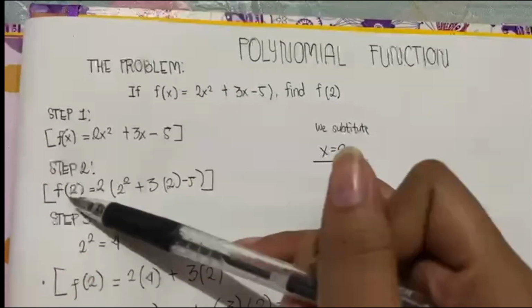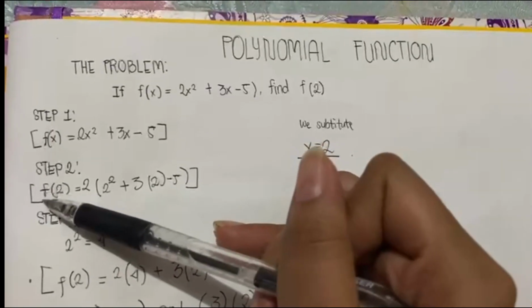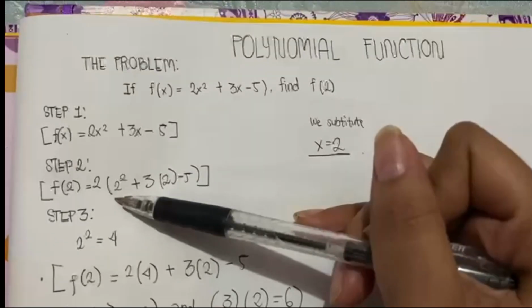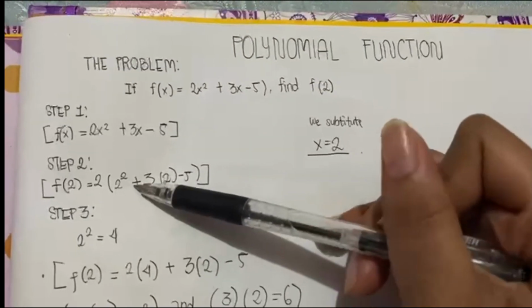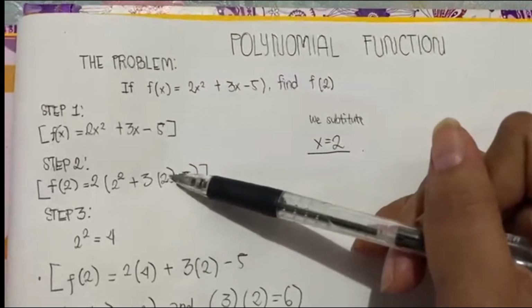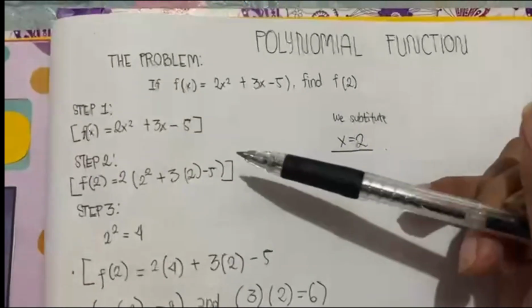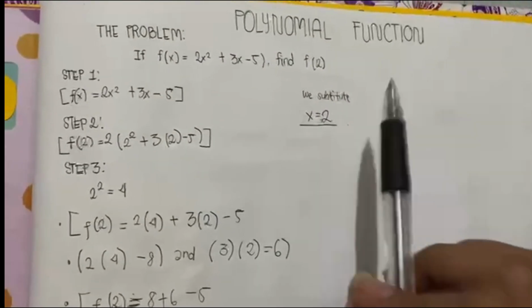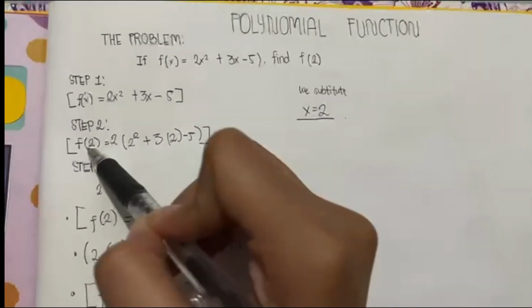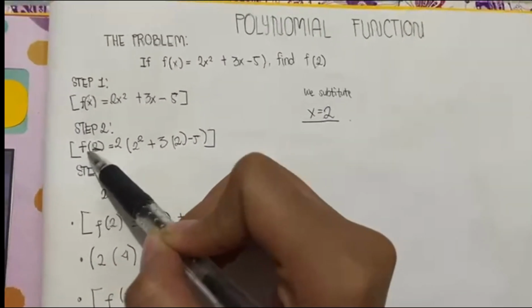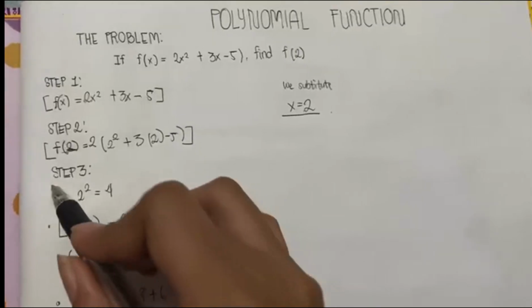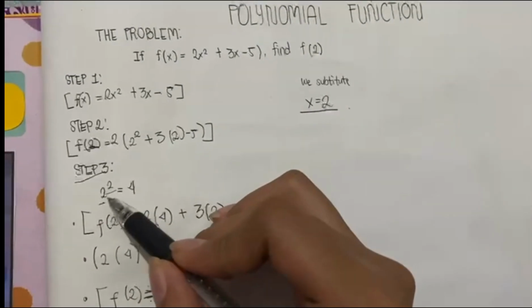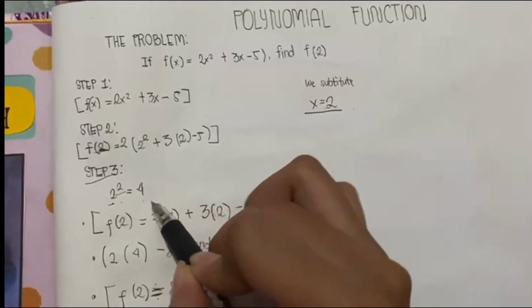So, f of 2 equals 2, open parenthesis, 2 squared plus 3 times 2 minus 5. Just like I said, we are gonna substitute the x to 2. So we are placing this x into 2. Let's proceed on step 3. 2 squared equals 4.